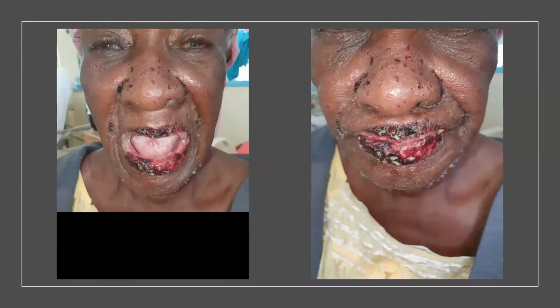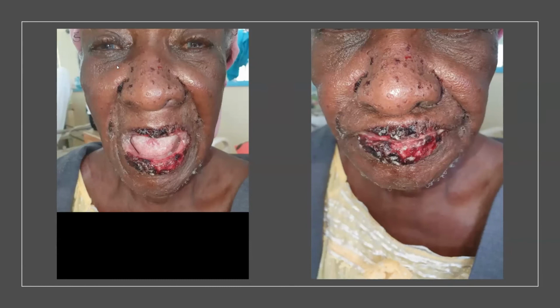So this is a patient that we had recently on the ward who developed SJS-TEN overlap syndrome when she was given Dilantin for her new onset epilepsy.